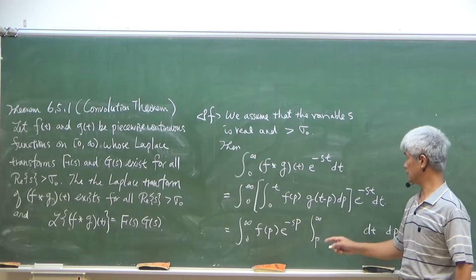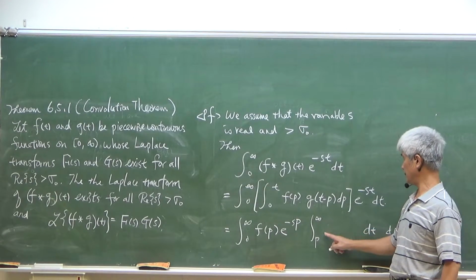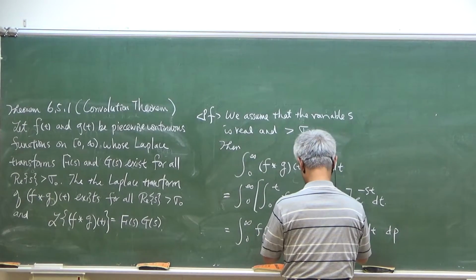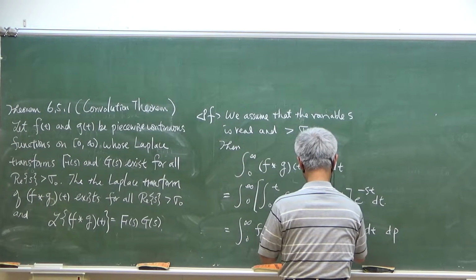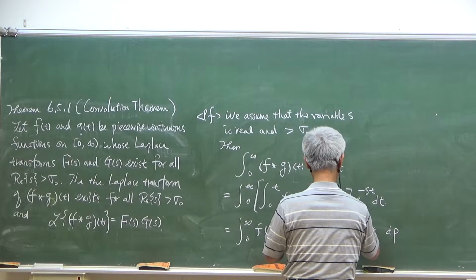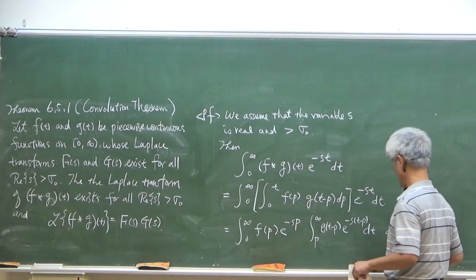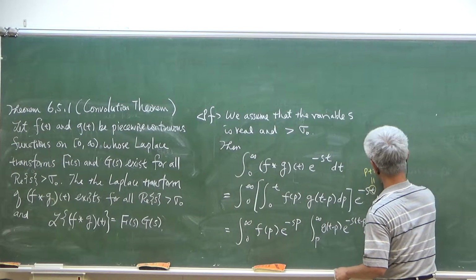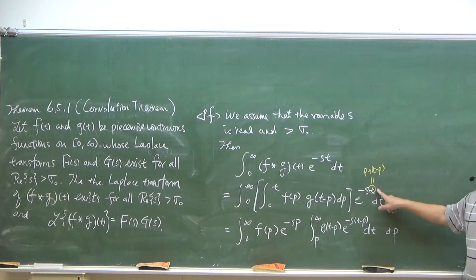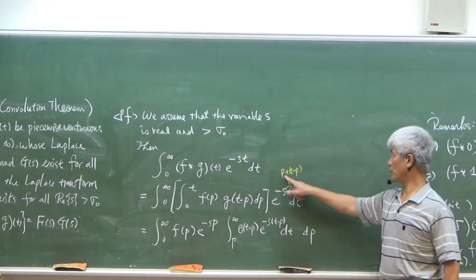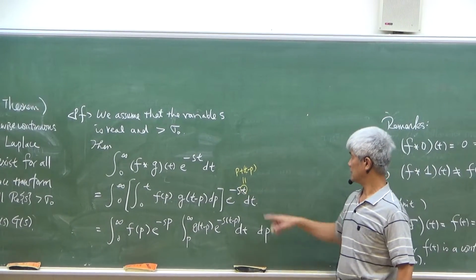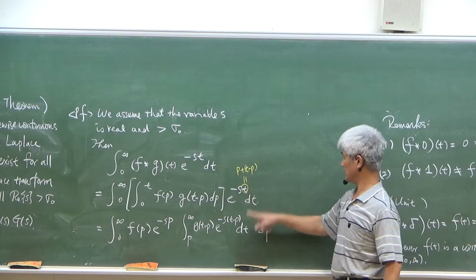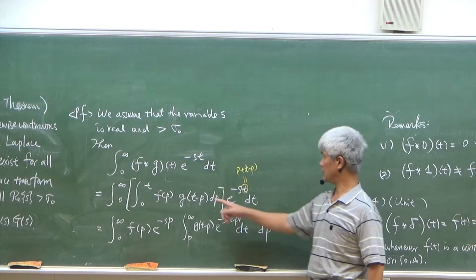Now if we change the order, then we have to integrate t from p to infinity. And this is g of t minus p. So we split t into p plus t minus p. Okay, so minus s p goes here, minus s times t minus p here, and then g of t minus p here.